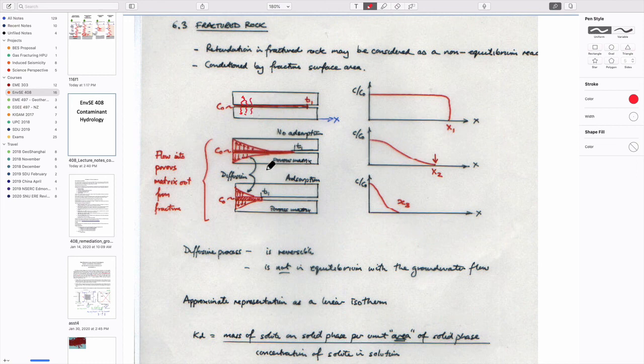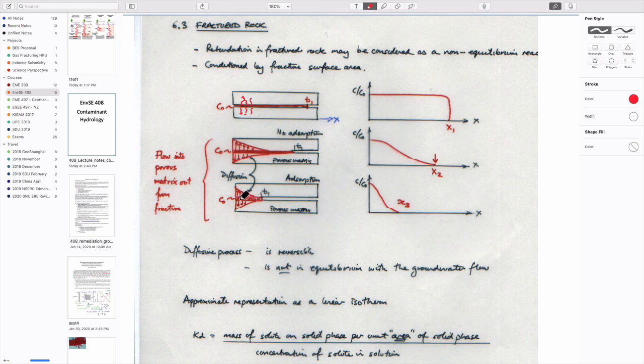If some of the mass is lost as it goes downstream, you'd expect exactly the same behavior as if you have sorption. The mass that now goes into here can't arrive downstream, and so the front doesn't go as far in a given time, and so it's retarded in the distance it travels.